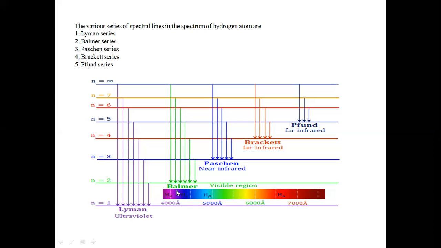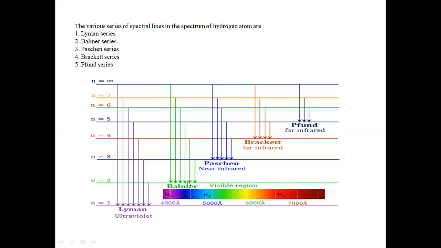Next we'll move to the Balmer series. The second series is the Balmer series. The Balmer series results when the electron jumps from the third, fourth, fifth, or even from the infinity level to the second energy level. This is the first energy level and this is the second energy level.